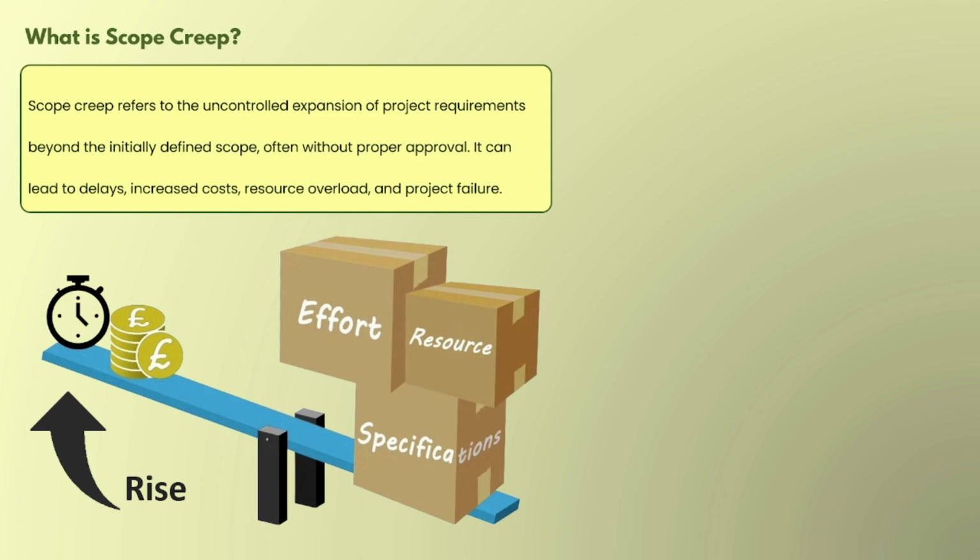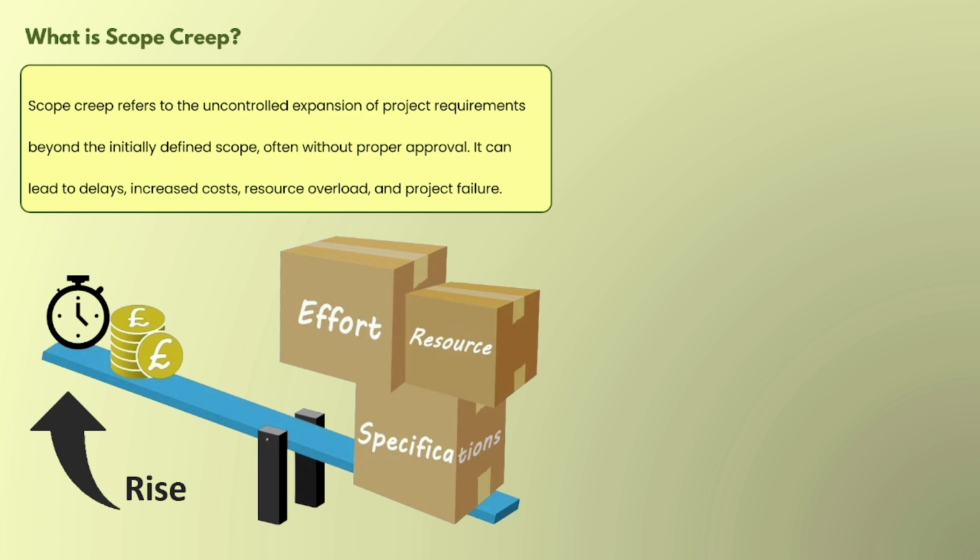So, in short, scope creep is when projects start with a clear plan, but over time, more and more things keep getting added, like new features, extra changes, or last minute requests without official planning or approving them. It's like just one more thing again and again until the project gets too big, too messy, and hard to handle.